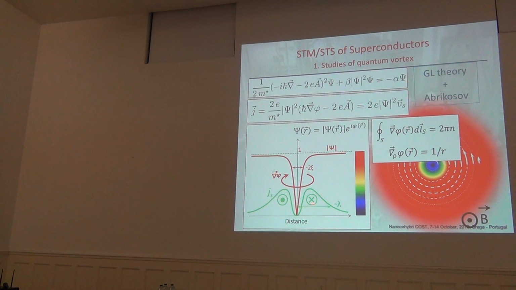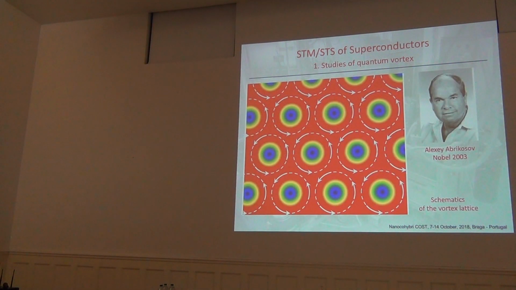And around the vortex there are currents that of course are 0 in the middle. They rise like the order parameter on the scale of Xi, and then they decay on the scale of lambda. And Abrikosov found a solution near the critical magnetic field, which is a periodic solution.